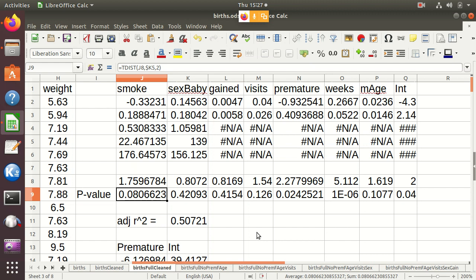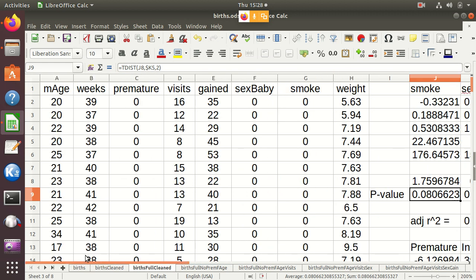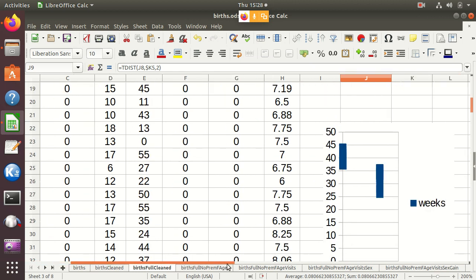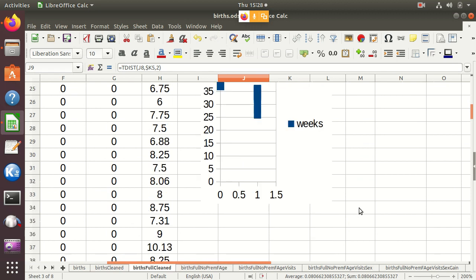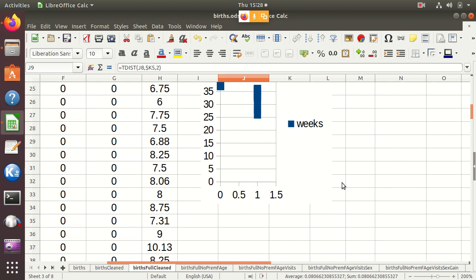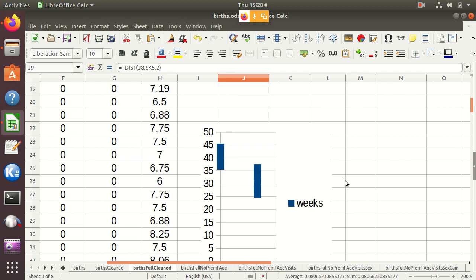That's simple. So what you can do is we could do a plot like we did before, and let me try that. So weeks and premature, do I have that plot? Yes, I do. Okay. So I plotted it. Now, I like putting the weeks as the response and the premature as the explanatory variable.